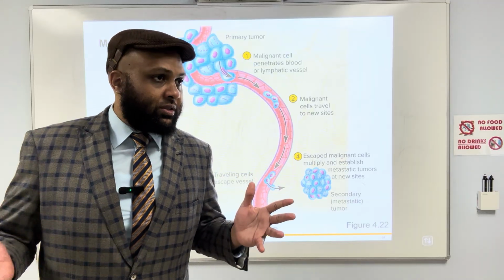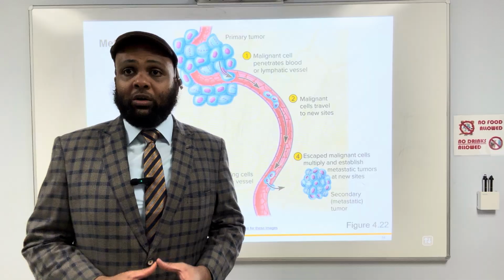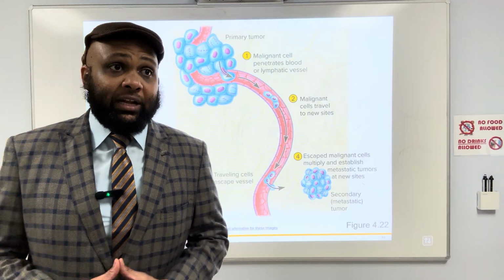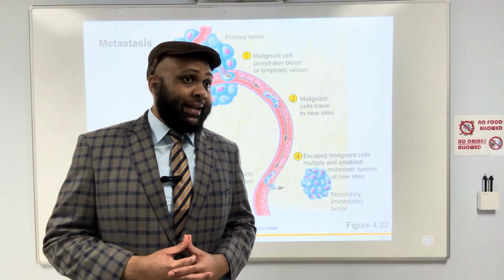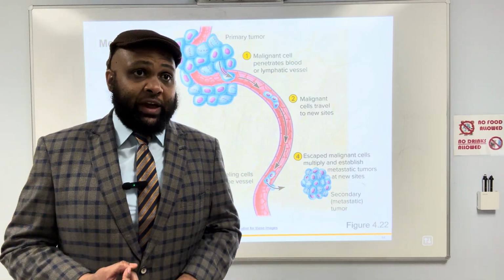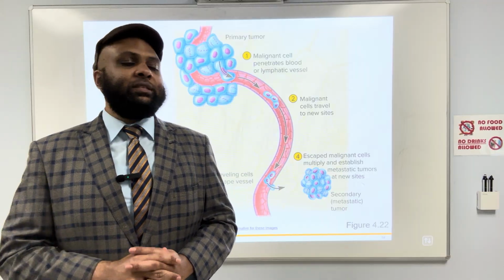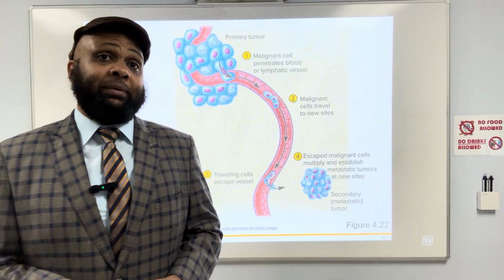Obviously, both are cancerous. Invasion and metastasis are both hallmark features of a cancer cell. No benign cell is ever going to do metastasis or invasion. So now we all agree that this is a cancer cell. What's the difference between invasion and metastasis?